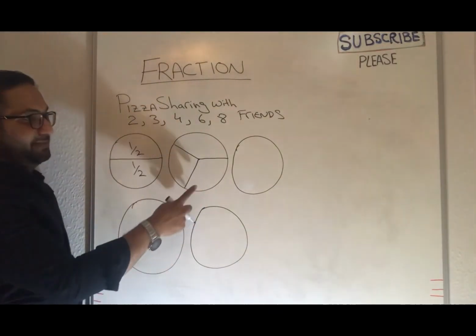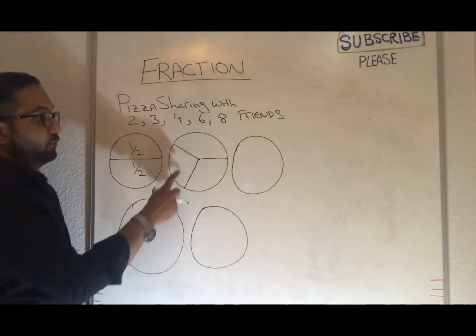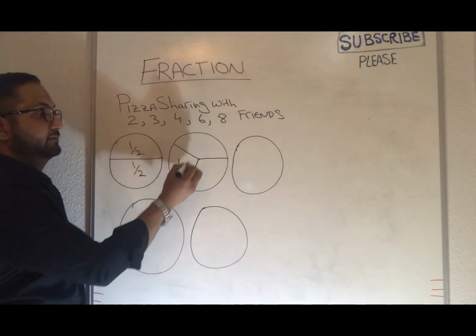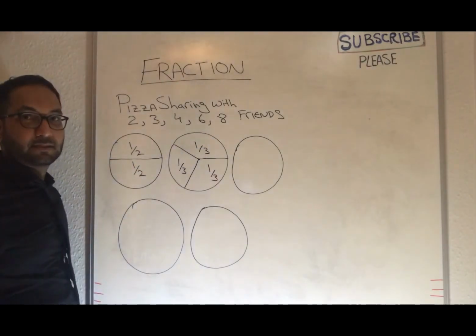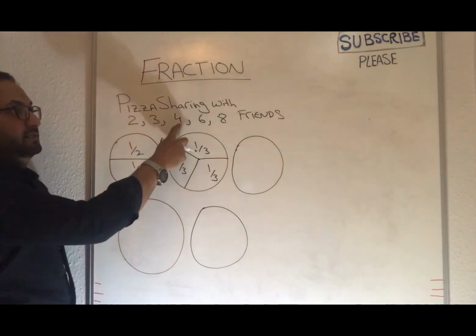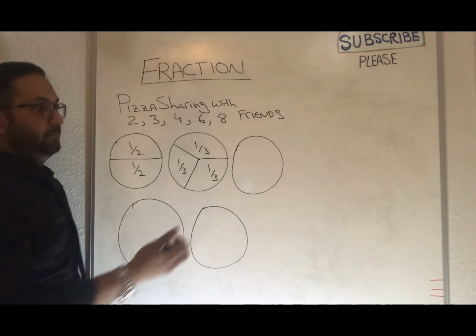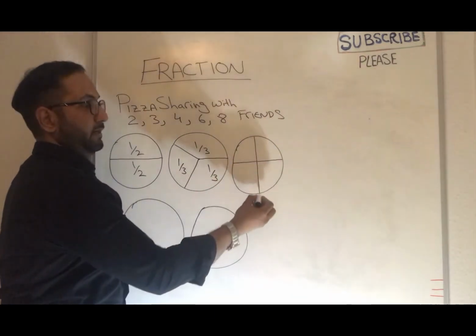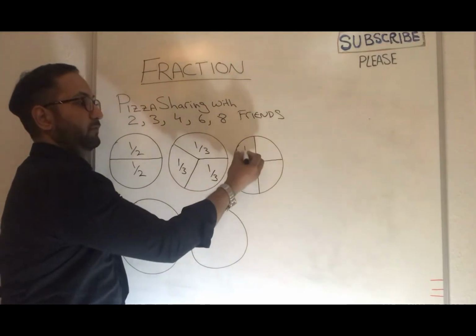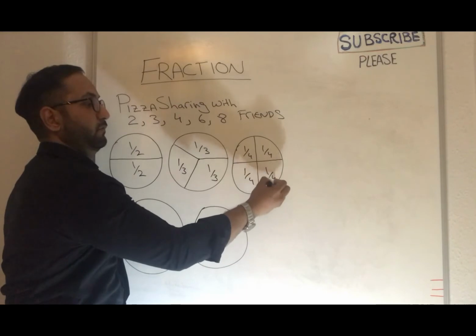So we cut this pizza into 3 equal parts. How many total outcomes? 3. So one will get 1/3, 1/3, and 1/3. They said sharing with 4 equal parts. We already did that example before. Half and half again, 4 equal parts. So 1 out of 4 each.